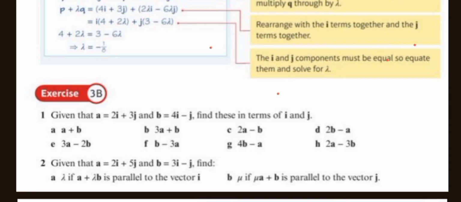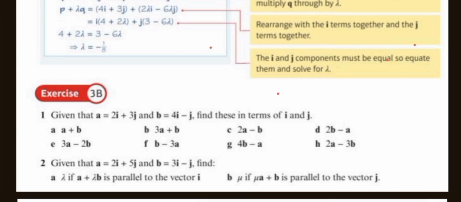Question 2. Given that a equals 2i plus 5j and b equals 3i minus j, find lambda if a plus lambda b is parallel to the vector i.